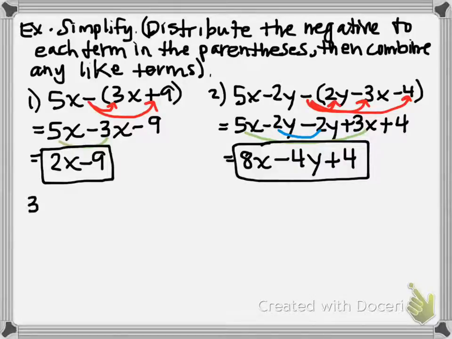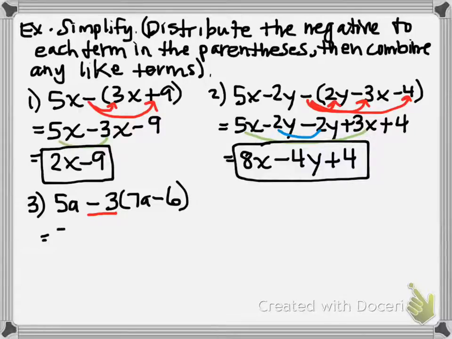And now we're going to make it a little bit trickier, that we have 5a minus 3 times the quantity 7a minus 6. So here's the deal. When we're distributing on this one, we're not just distributing a 3, we're distributing a negative 3. So I'm going to do this one out step by step so you can see it.